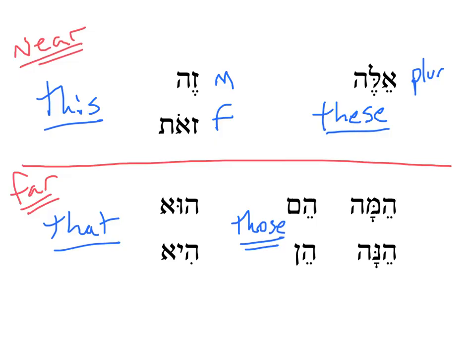Now, how do these demonstratives function? Well, they function just about like adjectives. And I'll try to illustrate this. Let's start with a noun. We'll start with a definite noun. Ha'aretz, the land. Now, if we wanted to speak about this land, then we have to put the demonstrative on.